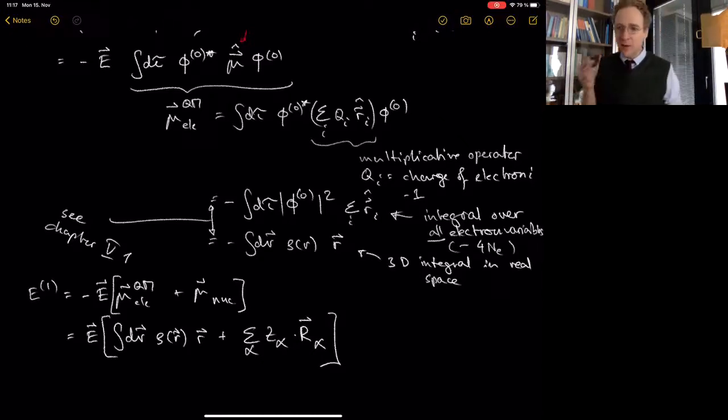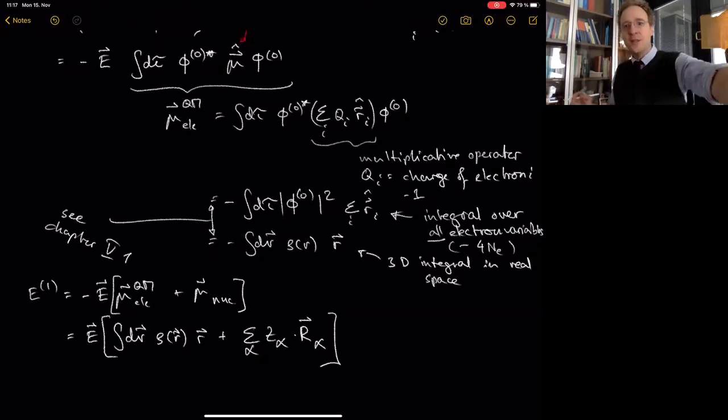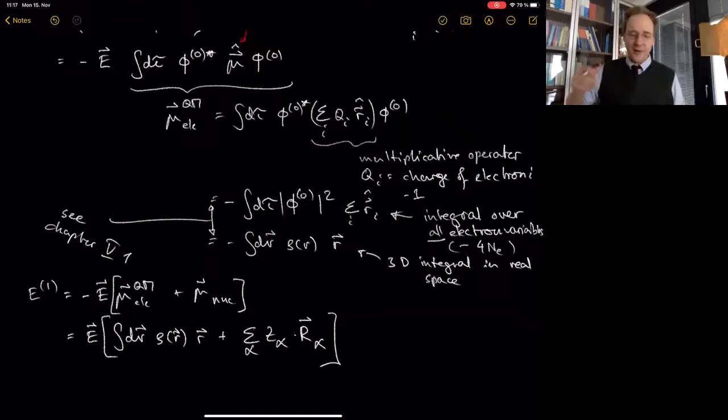We performed the quantum derivation of the Hamiltonian in terms of the first order energy perturbation of your system, right? So we have identified the dipole moment as the system-specific prefactor to the first order change in your energy as a function of field strength.